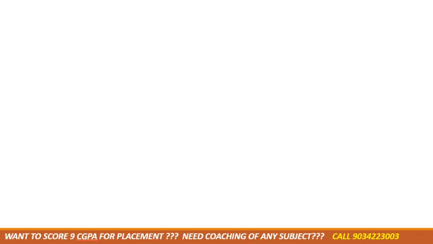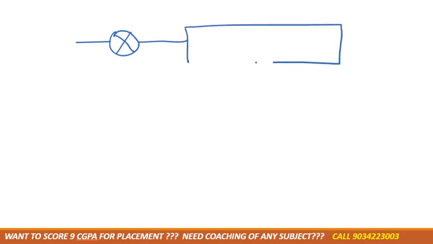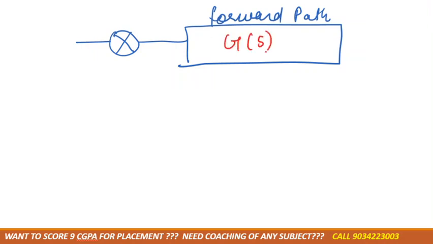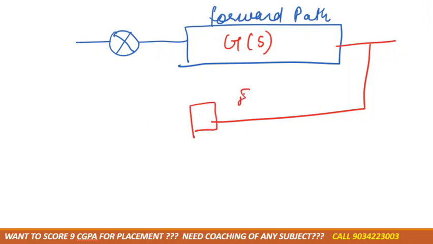Now the next part. Suppose they have given you any kind of system in the form of a block diagram. This is the forward path, and the forward path is always represented by G(s), and this is the feedback path. Why is it called feedback?